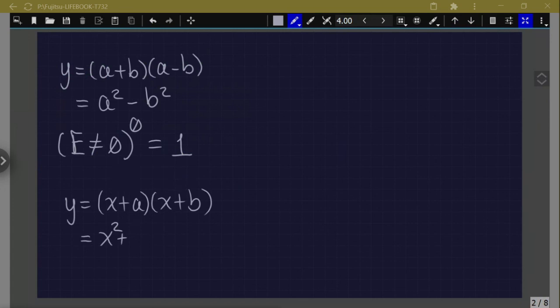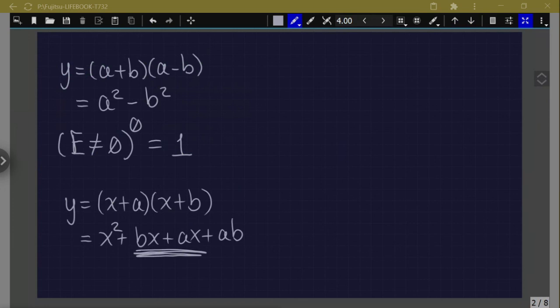After you expand that, and let's put it together on this, you will have x squared plus bx plus ax plus a times b. And these two are like terms, because bx plus ax just collect.